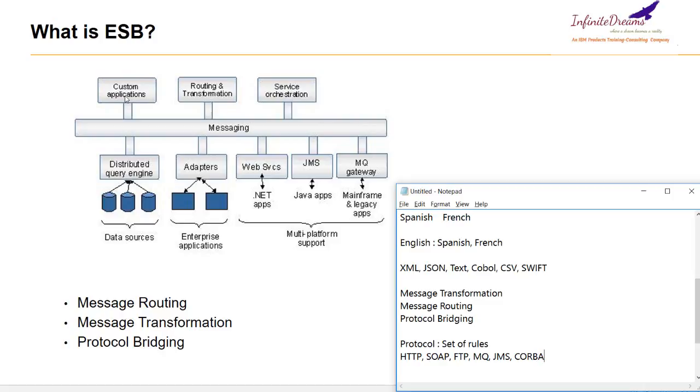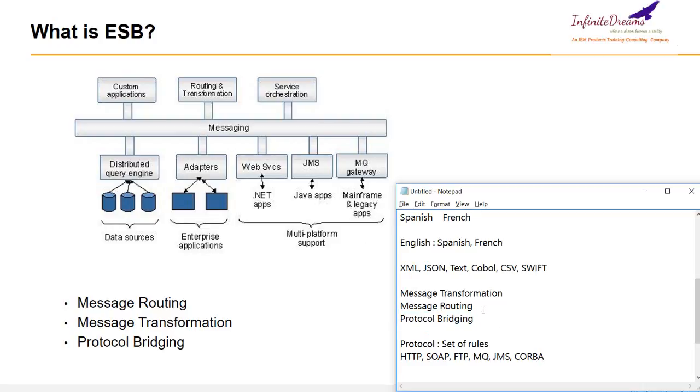The Java based application says I can only send messages through SOAP, and the JMS application says I can only receive and send messages through JMS. In this case these two applications cannot talk to each other, so the ESB has one more capability where it will convert one protocol to another protocol, which we call protocol bridging.